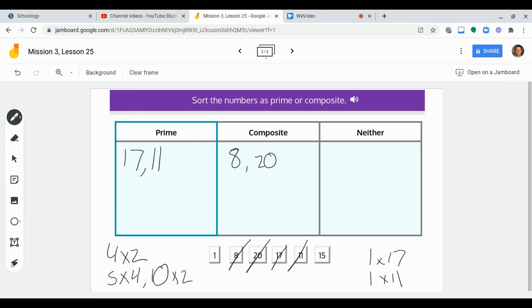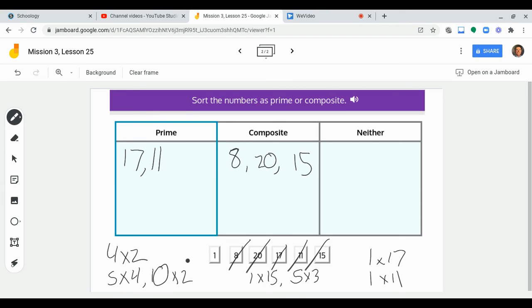What about 15? Well, 15, obviously I can do 1 times 15, and then I can do 5 times 3. So since my factors are 1, 15, 5, and 3, I have more than just the 1 and 15, so I know that 15 is going to be a composite number.